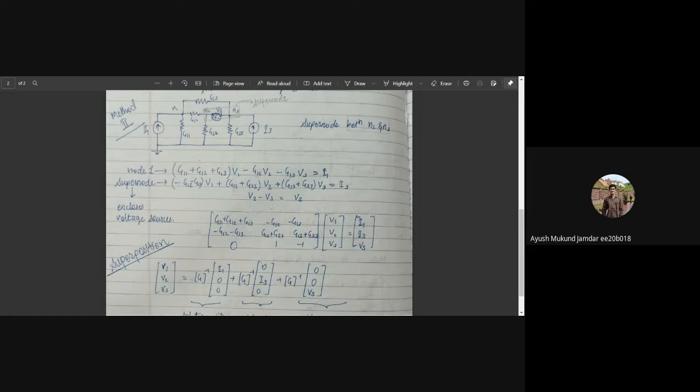So that gives us minus G12 minus G13 times V1. And this minus I3 should be equal to 0 because of the convention of direction of current. On rearranging, we get the super node equation. That is the second equation among the three listed here.